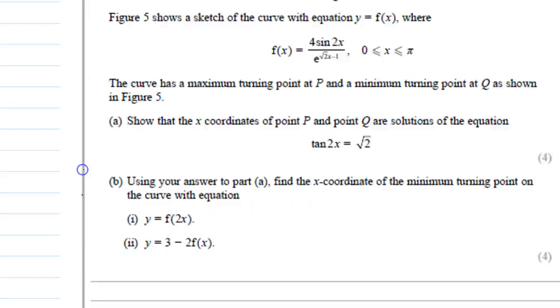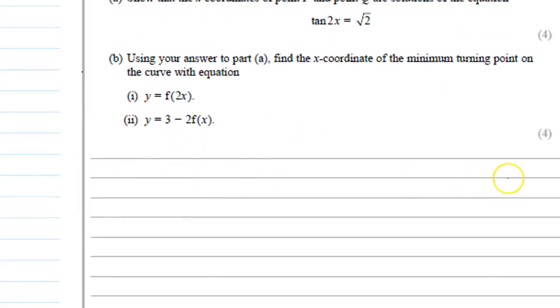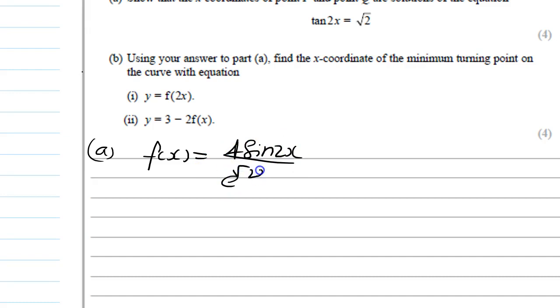So let's write down the a part here. Our a part is f(x) equal to 4 sin 2x divided by e to the power root 2x minus 1.